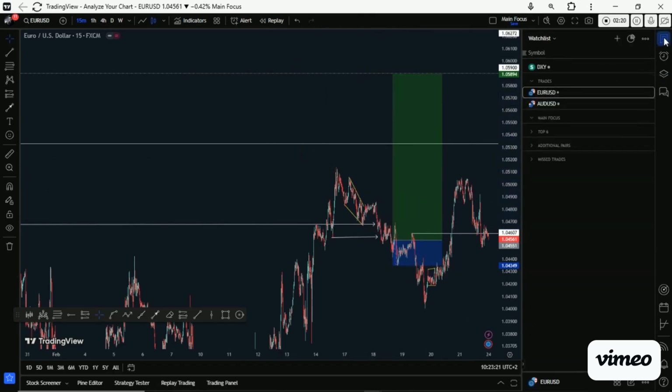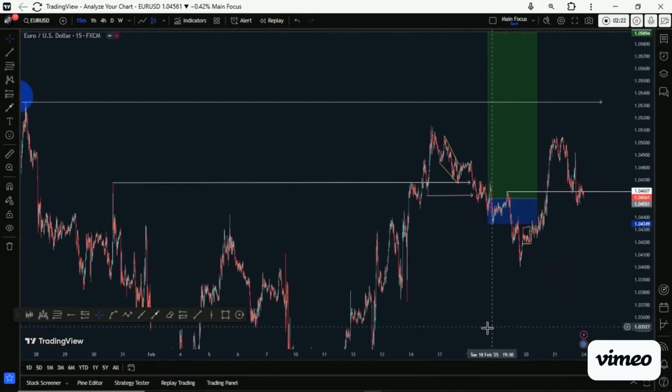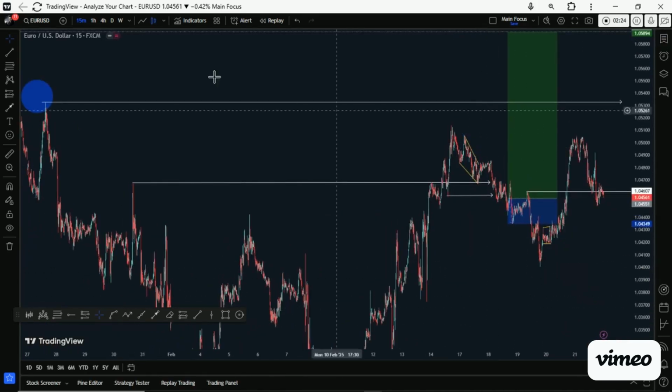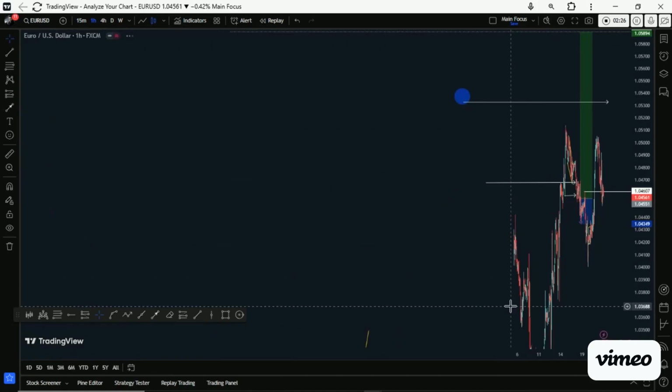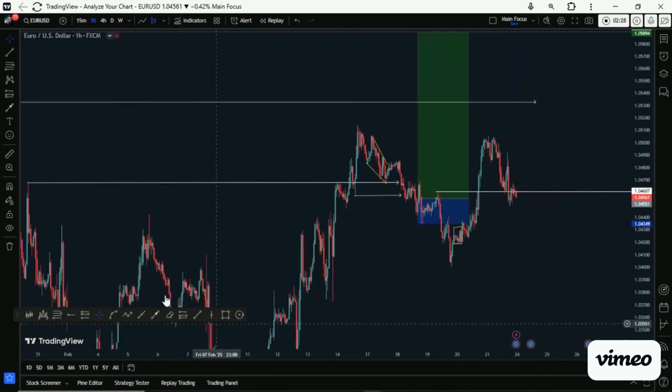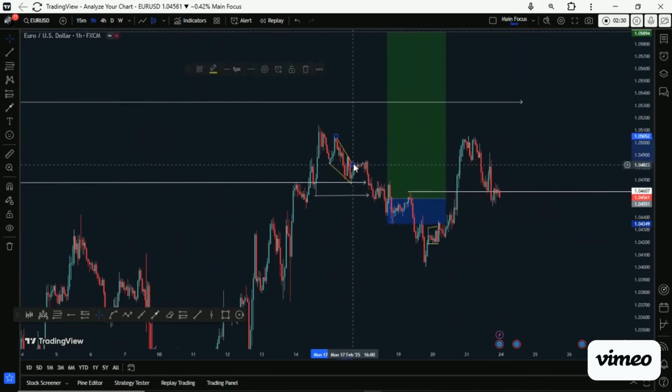So this is the second trade on euro dollar. As we move on to the second trade, price took me out on the first one, and I saw an opportunity for a re-entry. As price kept moving correctively, I connected these dots. So now I use the hook point.